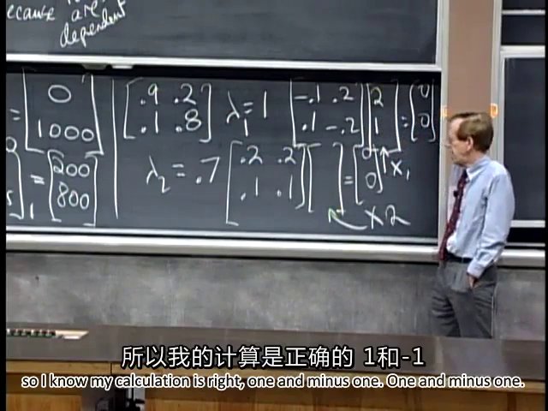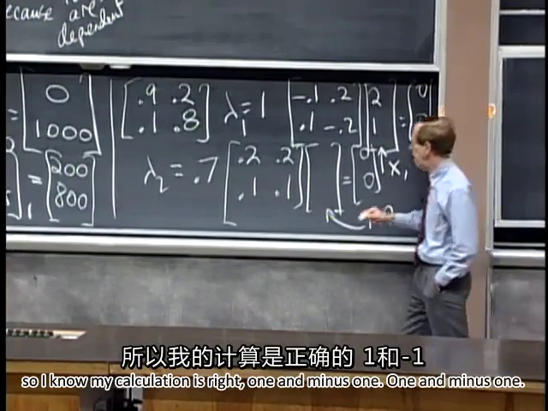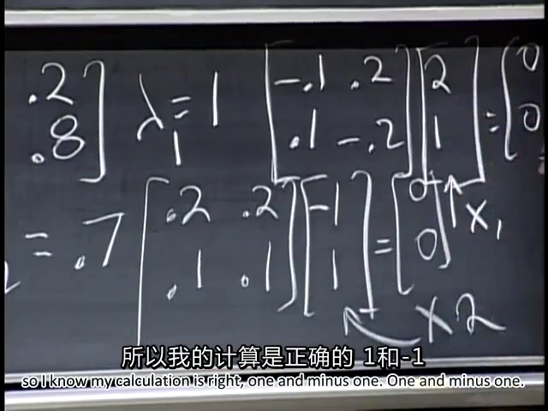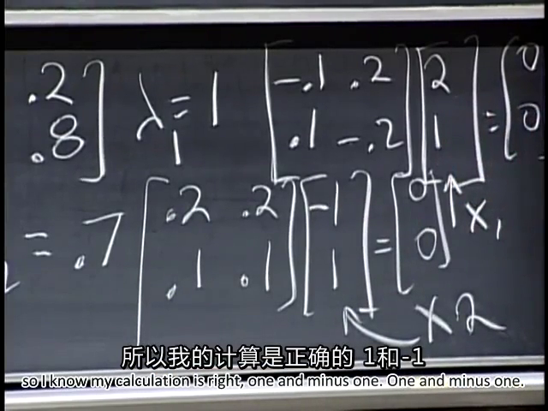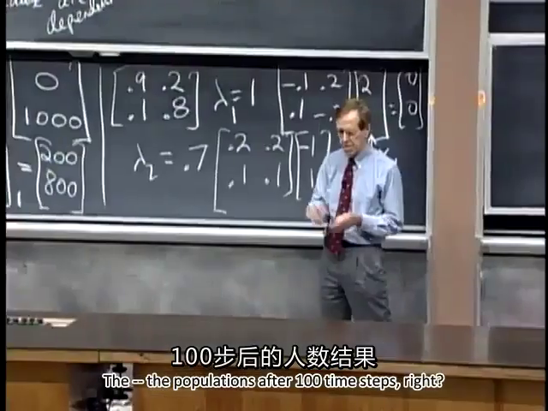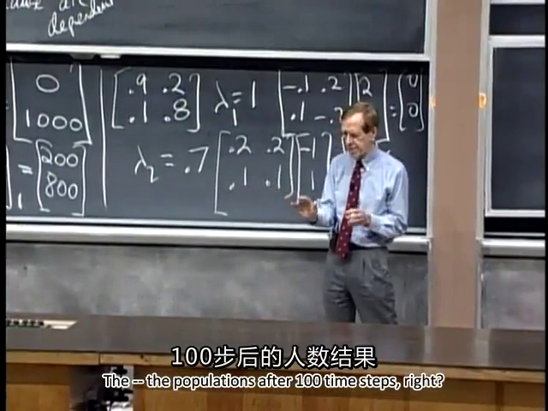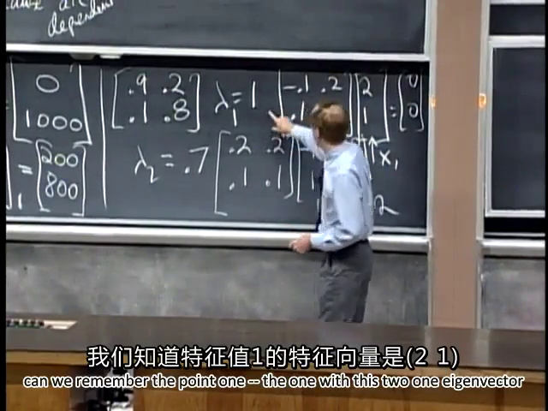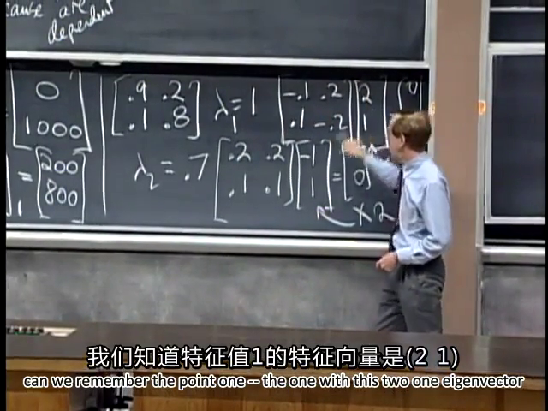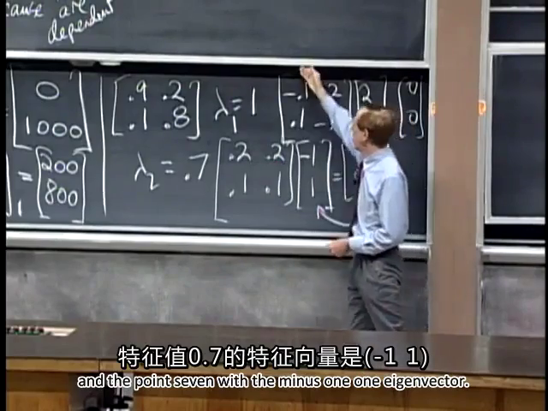That's certainly singular, so I know my calculation is right. And 1 and minus 1. So I'm prepared now to write down the solution after 100 time steps. Can we remember the 1 goes with this 2, 1 eigenvector, and the 0.7 with the minus 1, 1 eigenvector?